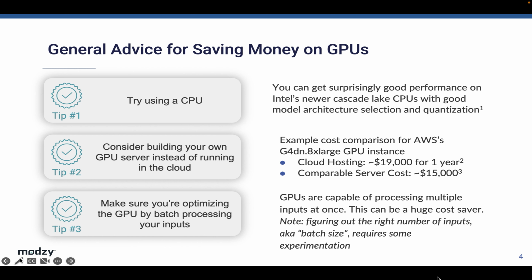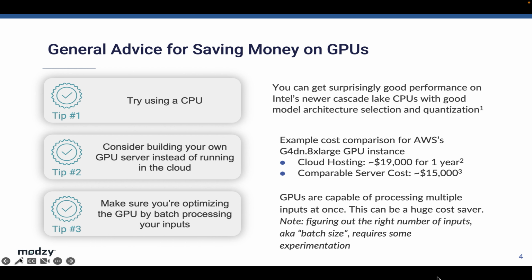But increasingly with Intel's newer architecture, Cascade Lake, along with some clever model architecture selection, automation, quantization of models, you can get surprisingly good performance on a CPU, even for deep neural networks, which are typically the type of architecture that tend to go along with GPUs. GPUs and neural networks are tightly linked, tightly coupled, but you can actually do quite good work on a CPU if model latency isn't the most important metric.